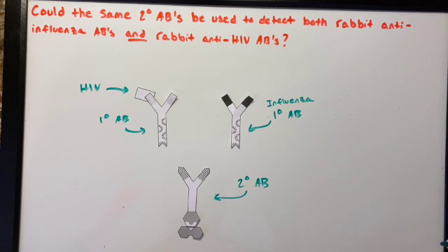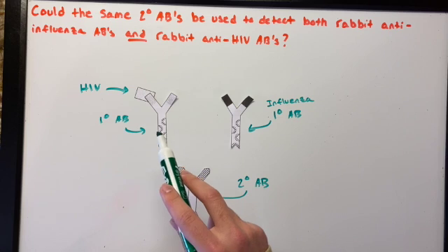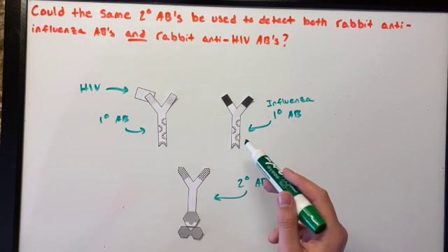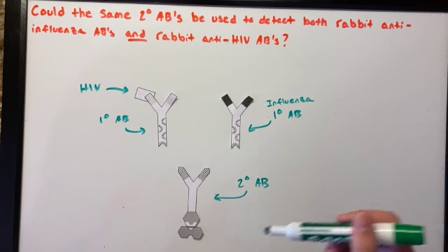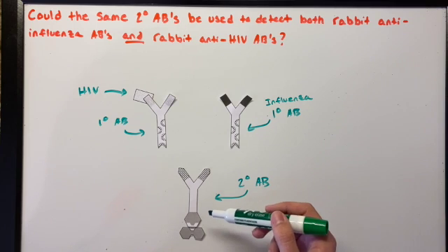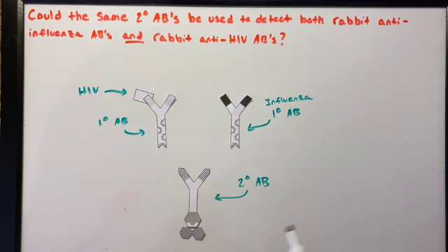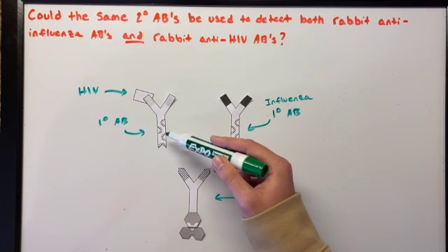Once again, we want to determine whether the same secondary antibody can detect and bind to both primary antibodies, in this case influenza and HIV. And it can, and this is because the goat anti-rabbit secondary antibodies are only concerned with binding to the constant region of the primary antibodies.